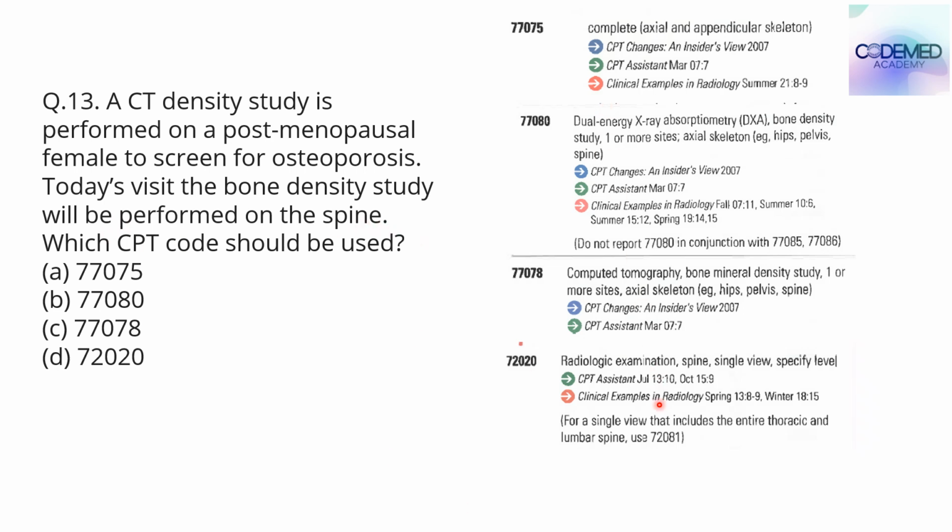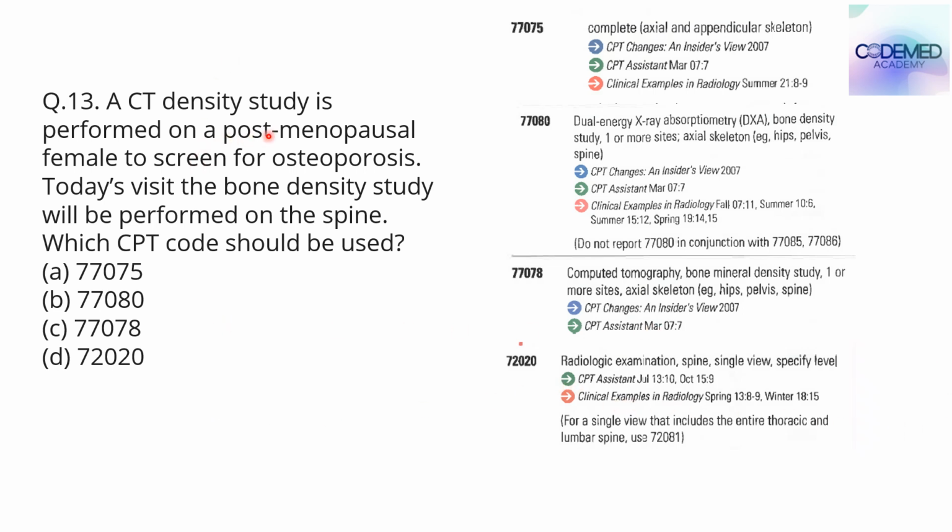So let us look at the codes. 77075 is a complete axial and appendicular study. It is an indented code, so kindly look at the code above that. 77080 is X-ray absorptiometry. 77078 is CT tomography, bone mineral density, one or more sites, axial skeleton, hips, pelvis and spine. And 72020 is a radiological examination.